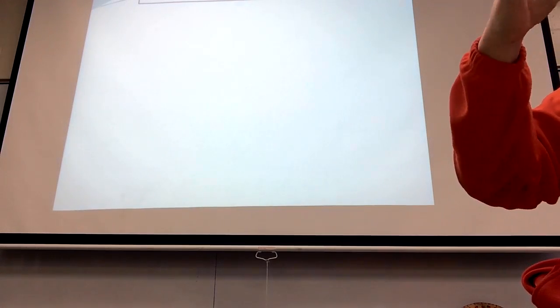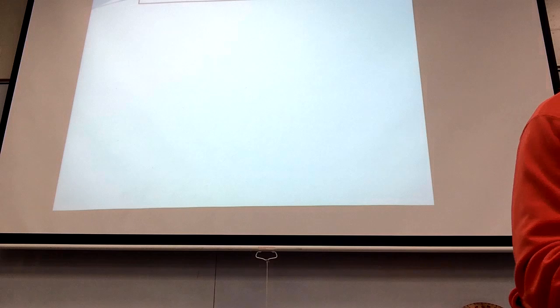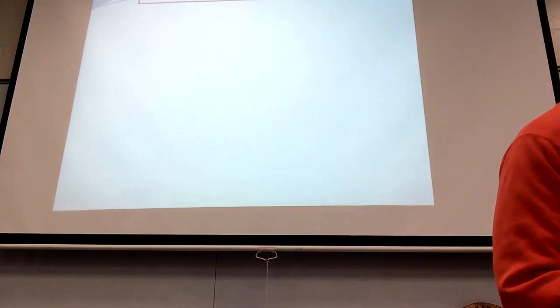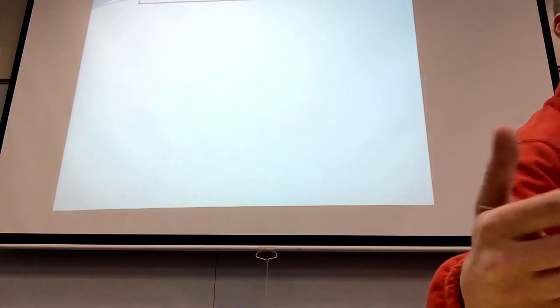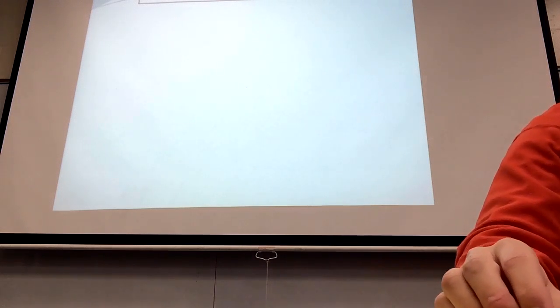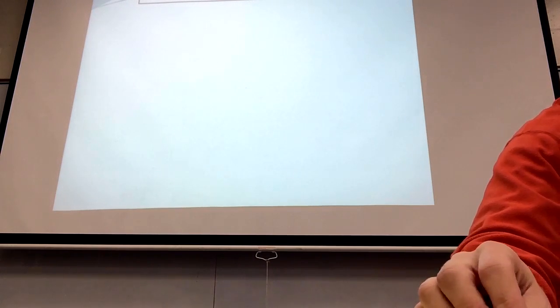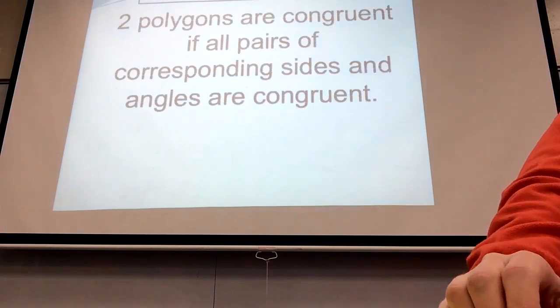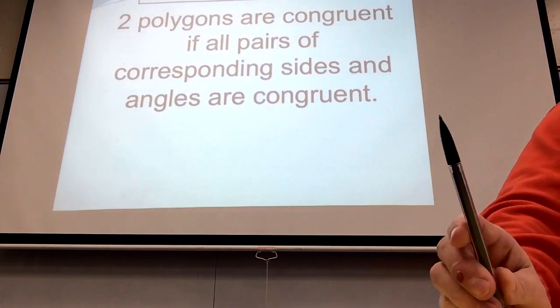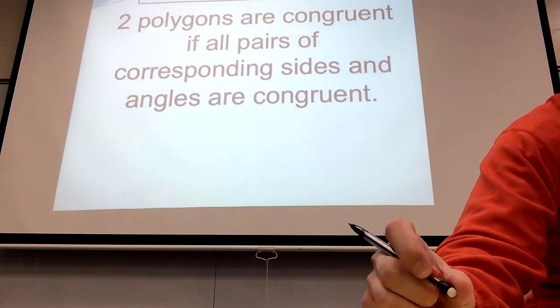But the main focus of the chapter is for you to be able to take 2 polygons, what you guys call shapes, polygons, not counting circles, and decide if they are congruent, which the idea of what congruent is still isn't changing. Congruent just means that they're the same size and the same shape, which is pretty much what the definition is from the beginning of the year.